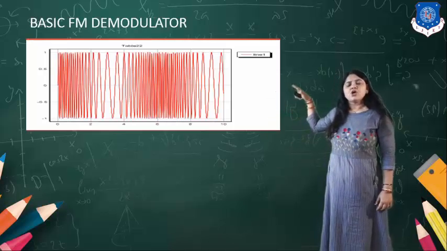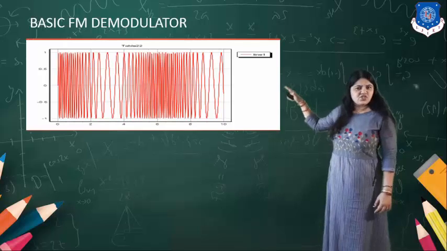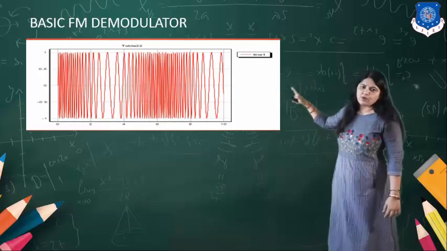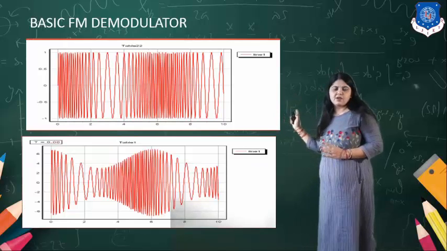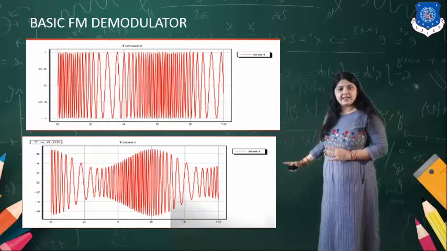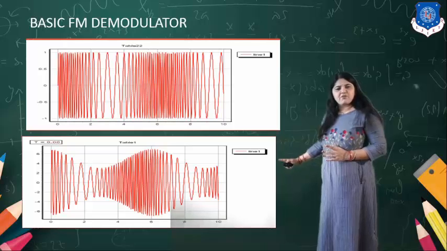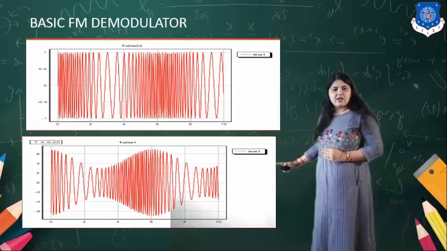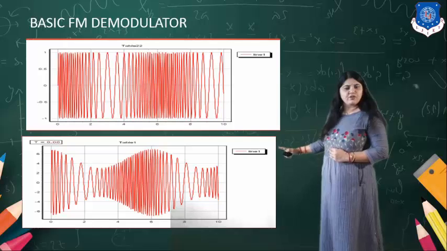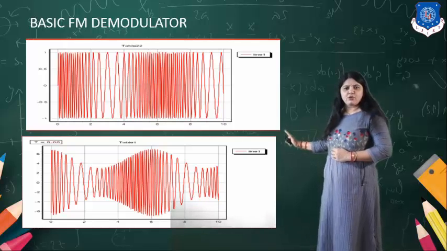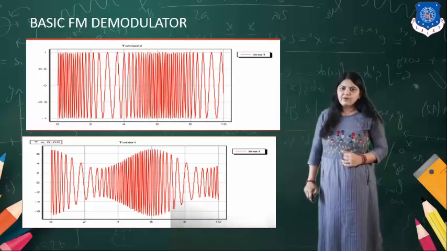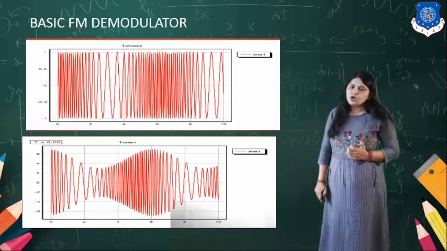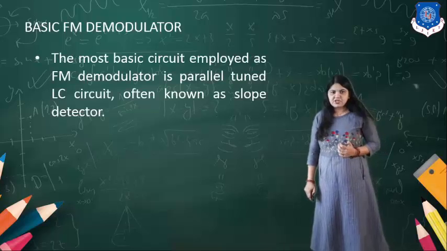You can see that over here we have the frequency variations which we found. Here is the diagram in which, with the frequency variations, we can also find the amplitude variations, and you are able to detect the shape of the wave and extract the original information.